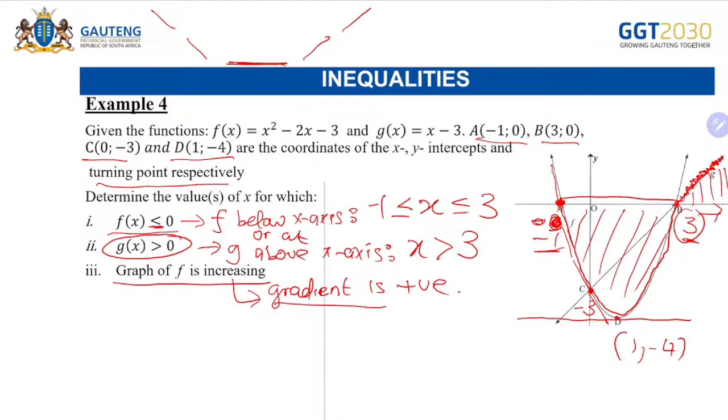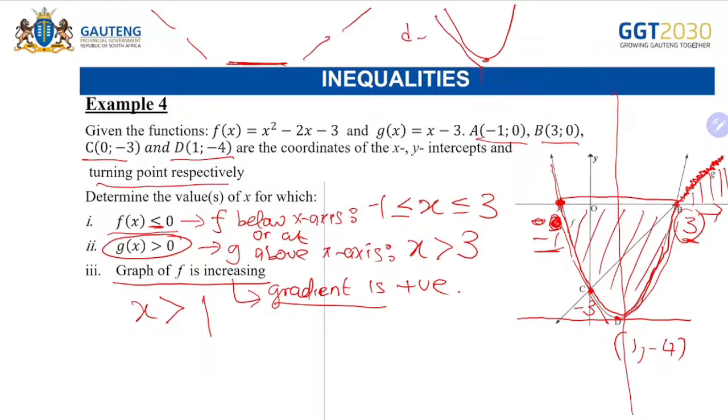So the x and y values are increasing after the turning point, which means that f of x is increasing when x is greater than 1. After this point 1, you can see that the portion of the graph is now increasing, because x was 1 here.